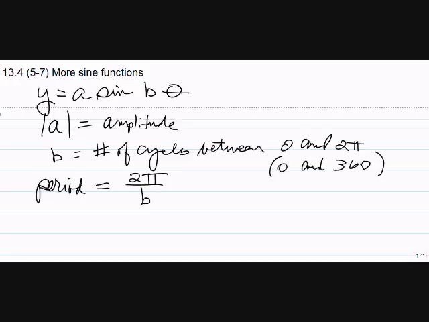That's the rule I like. It means the same thing. So if b is 1, the period is 2 pi. If b is 2, the period, some of you that got to it saw, was 2 pi divided by 2, which is pi.